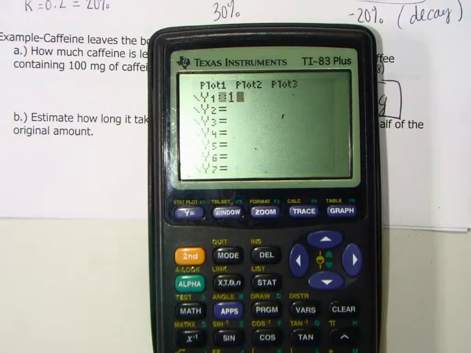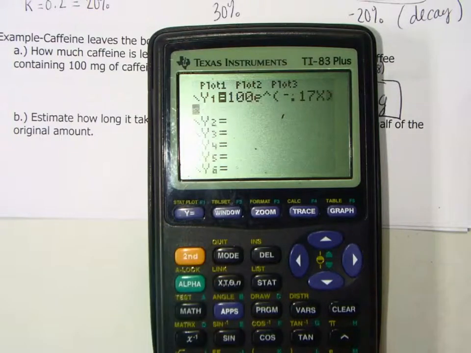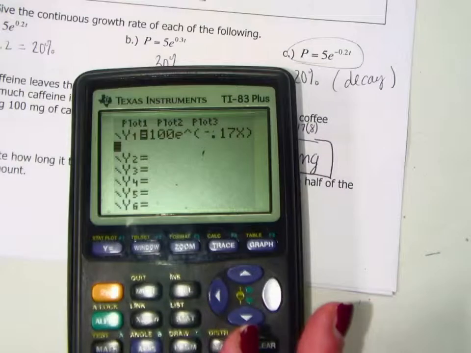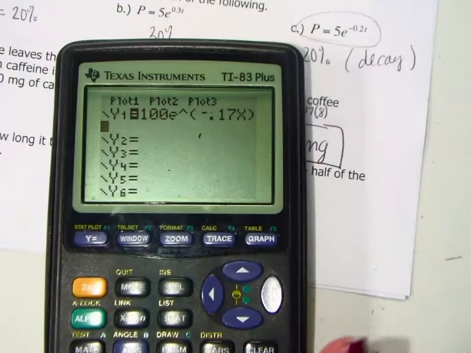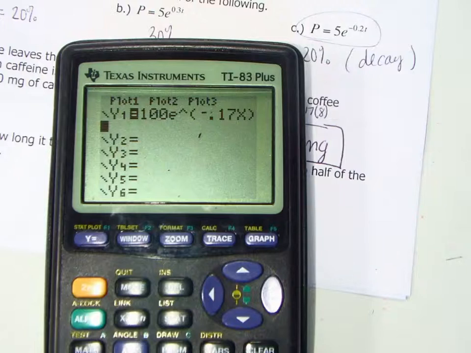Plug in your original model into your y equals. So 100 times e to the negative 0.17x. And then I'm looking for when y is equal to 50.